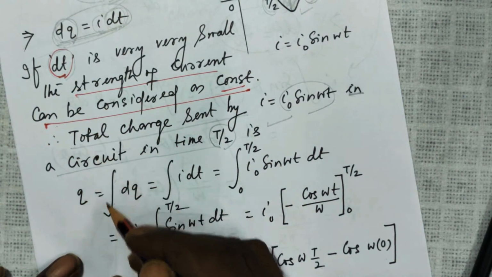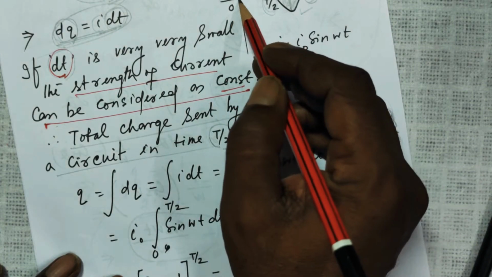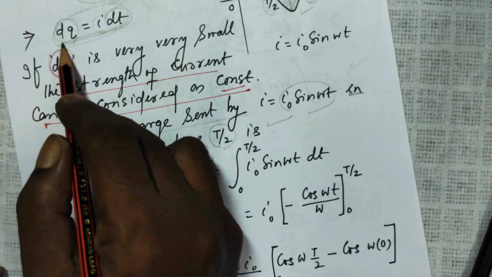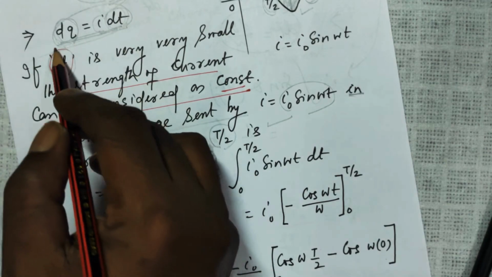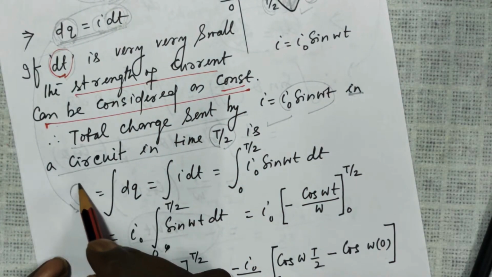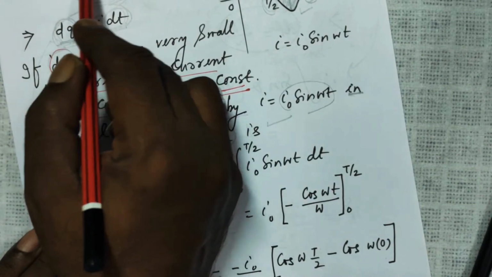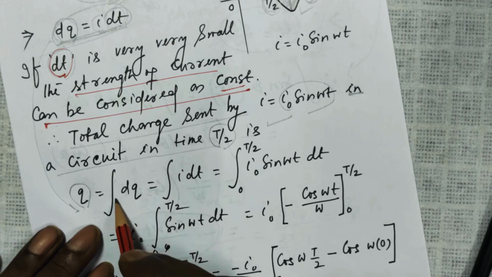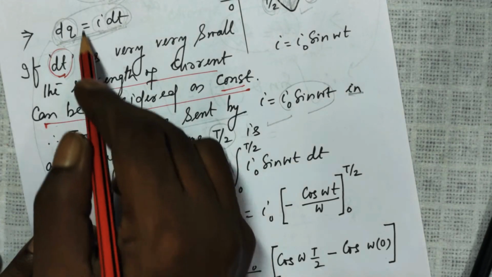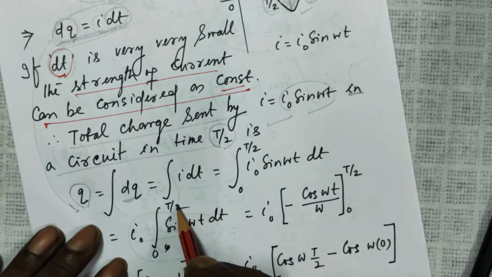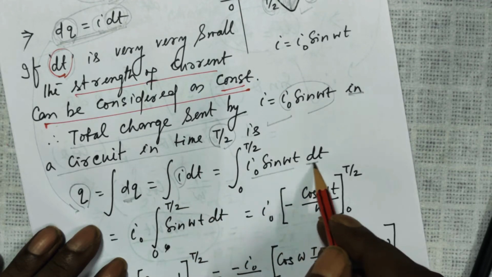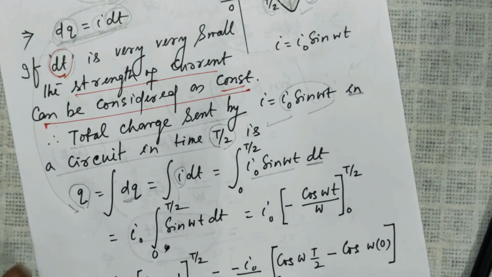So what will be the charge sent in time T by 2 by such a current? We will get it by integrating this. So the total charge q sent by such a current in a circuit in time capital T by 2 will be the integration of this dq. For dq I put I dt, so for I put I naught sin omega t dt from 0 to T by 2.